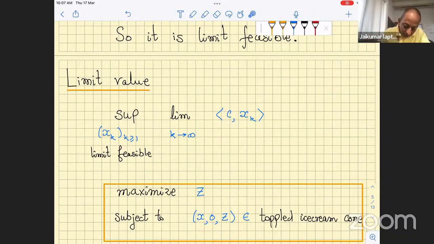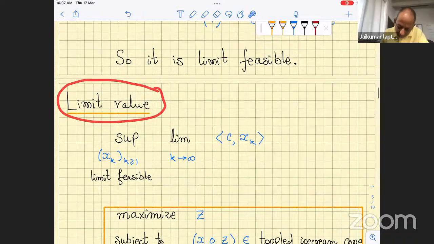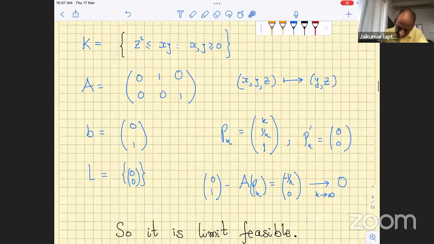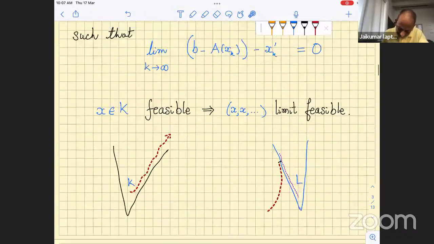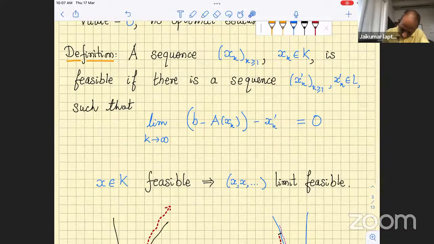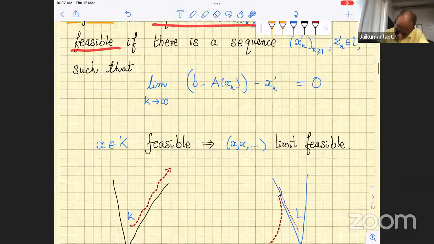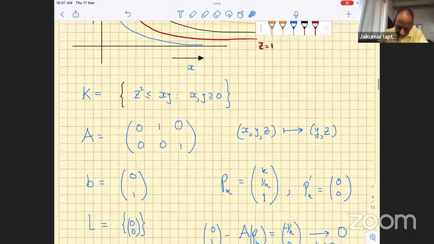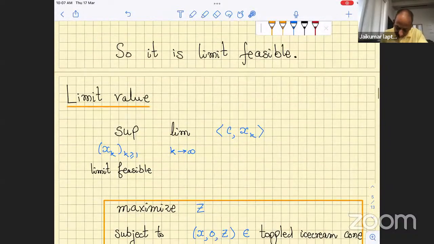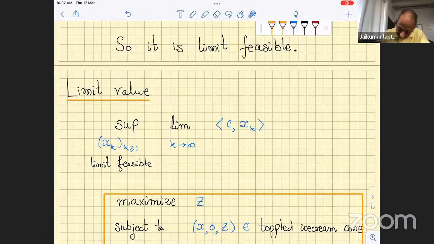But now we are going to talk about limit value. Limit value, as you can imagine, is what Kavita just asked. That is, if you have a limit feasible sequence, then that sequence, as you move along it, will give you some value for the objective function.